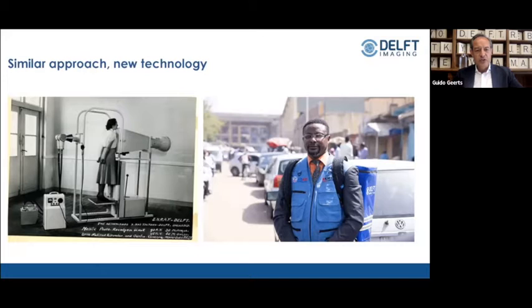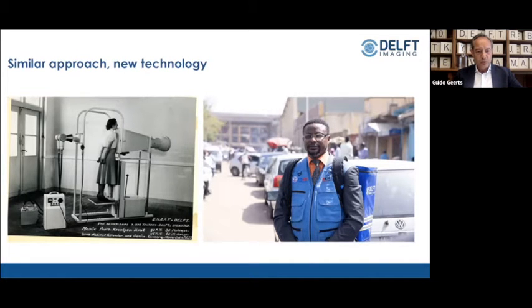A couple of days ago, I looked into the old photo album we have, and I came up with this photo on the left side, which was made in a factory in Delft. If you can read in the lower right corner, it mentions mobile photo Röntgen unit, which actually means mobile X-ray unit.